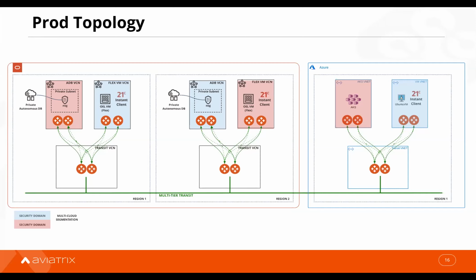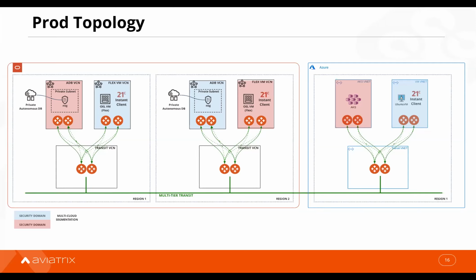And that green line on the bottom represents our multi-tier transit. So as you expand, you can go across regions, overcoming native cloud service limitations. I know in OCI sometimes there's challenges spanning regions, but we address that and overcome it.